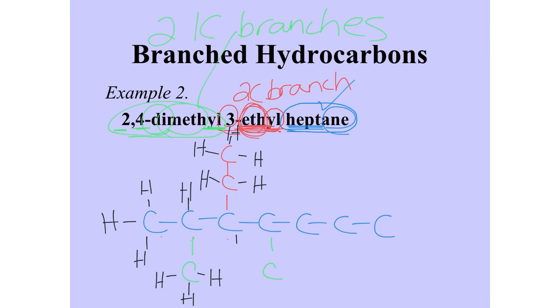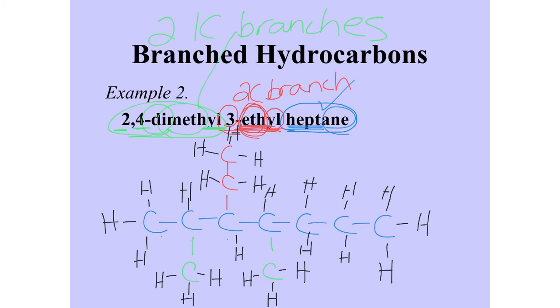You add them in, and this part can be a little bit time consuming, but it's not difficult. Then when we are done, we will count up our C's and H's for our molecular formula.